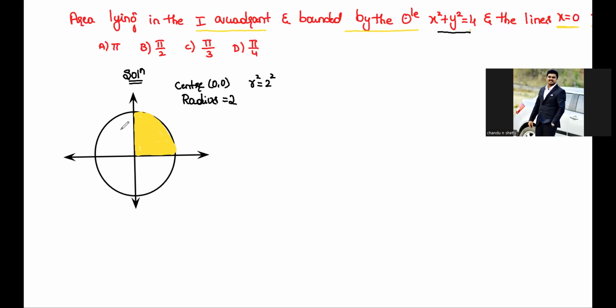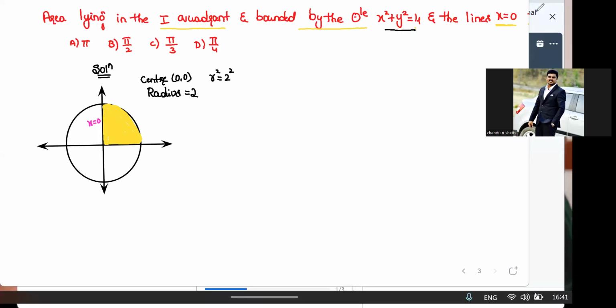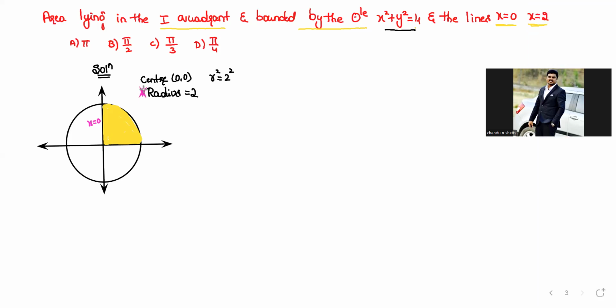Now again x equal to 2, I'm taking one line. You can observe, for x equal to 2, I'm taking this line. So this is x equal to 2. Now all of you should observe, we are doing this with respect to dx.